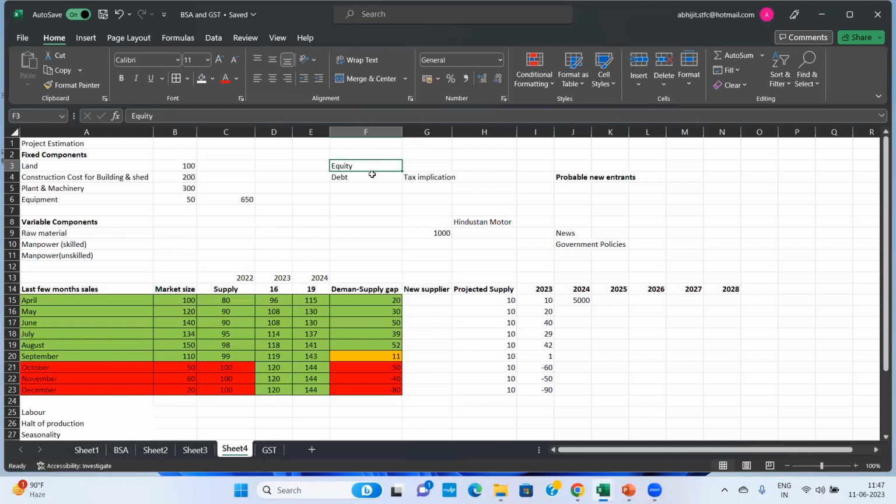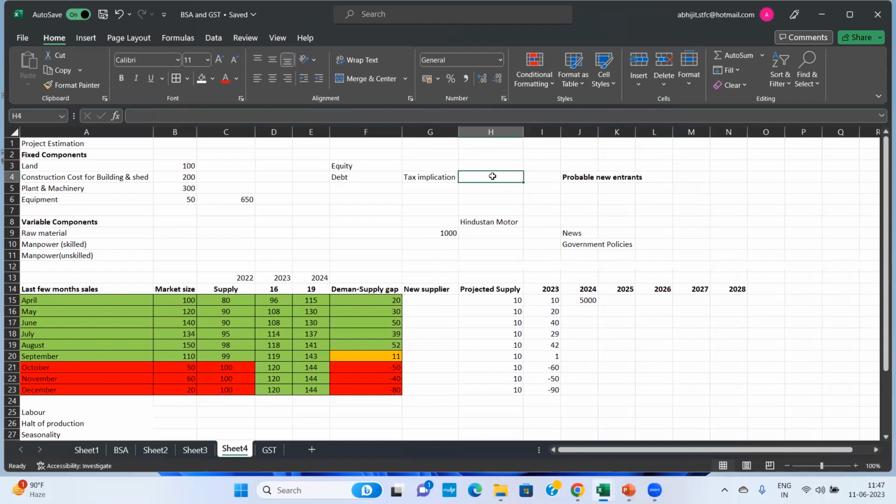Interest. So if I go for debt, the interest portion will be tax-free, right? The interest portion will be tax-free. Nothing in equity.